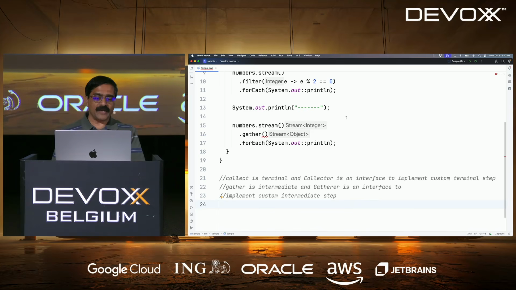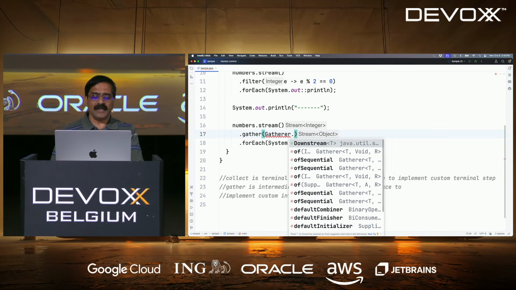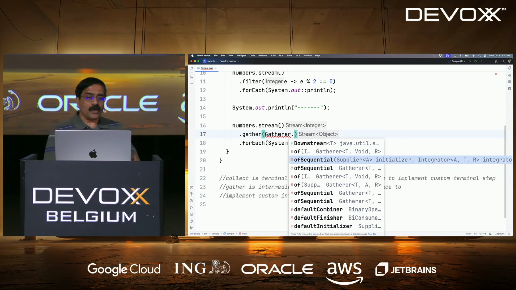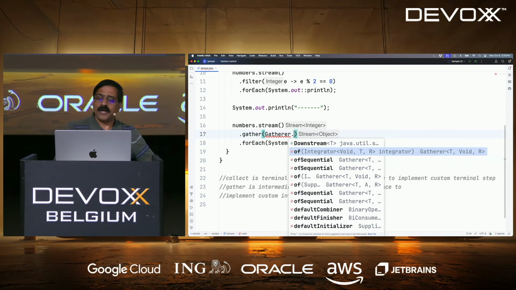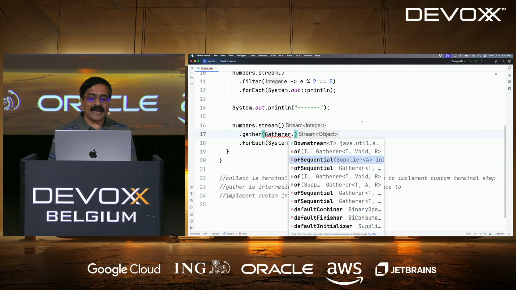To do this, you can call Gatherer dot methods like of and ofSequential. These are factory methods. Look at the return type, it's Gatherer. So essentially, it is returning a Gatherer.